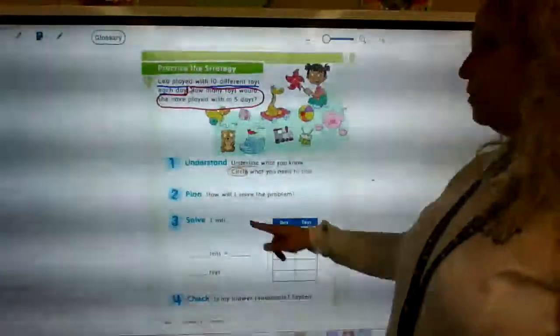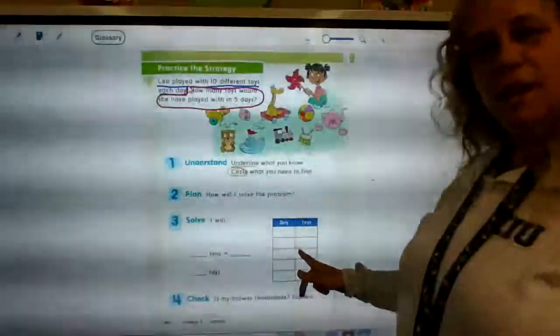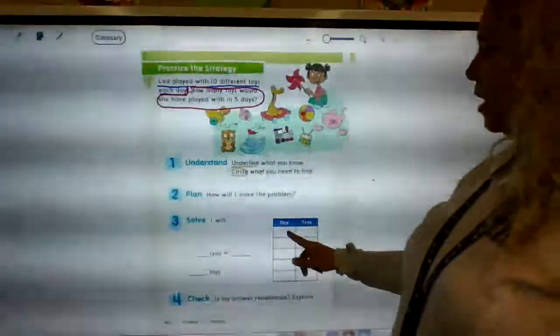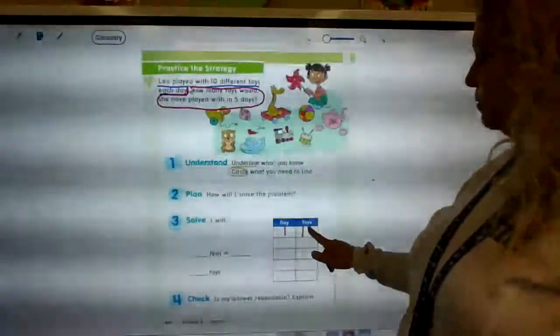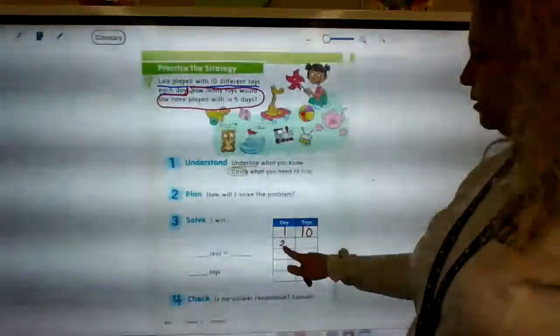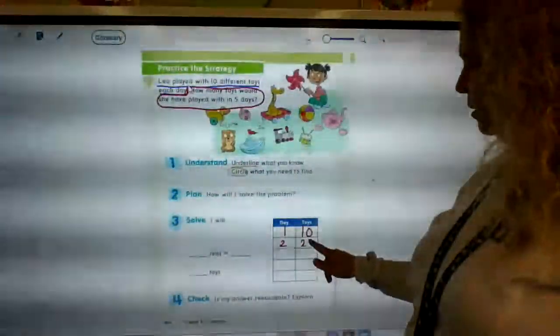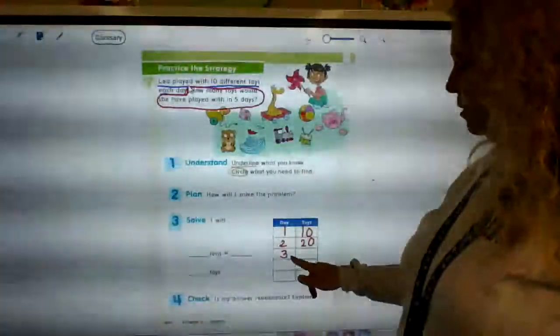How will we solve the problem? Let's use a chart, a table. Okay, so on day 1, day and toys. Day 1, she plays with 10 toys, right? Day 2, what's 10 more? 20. Day 3, 30.